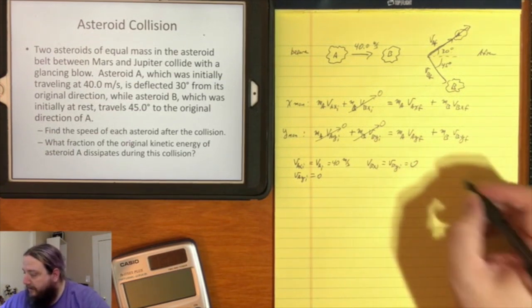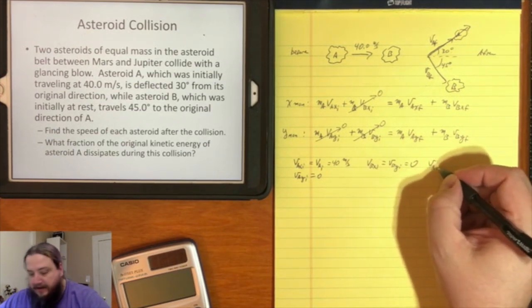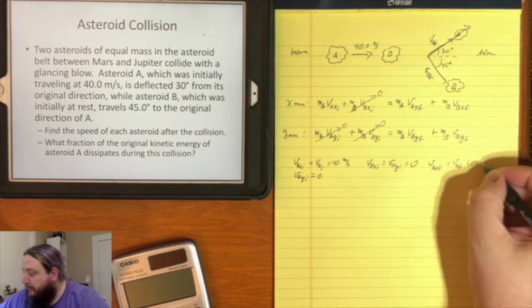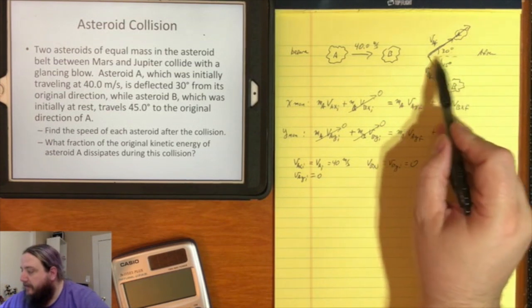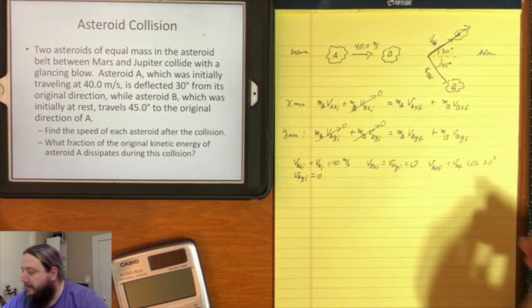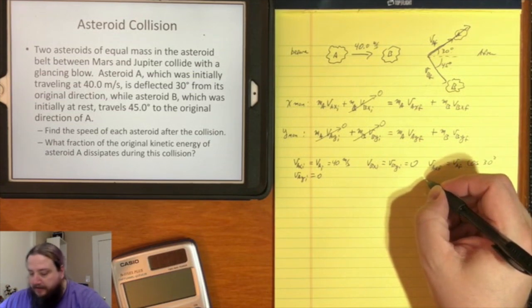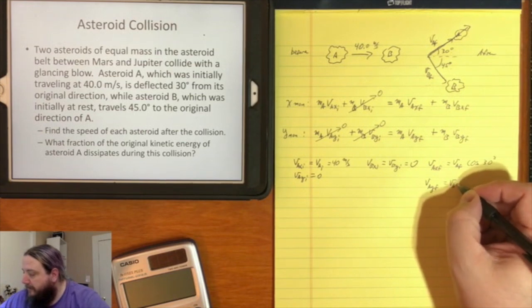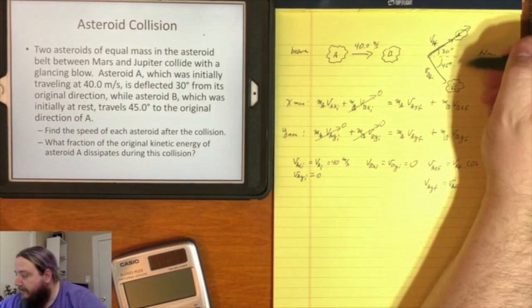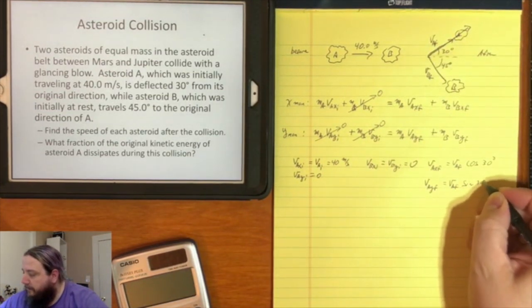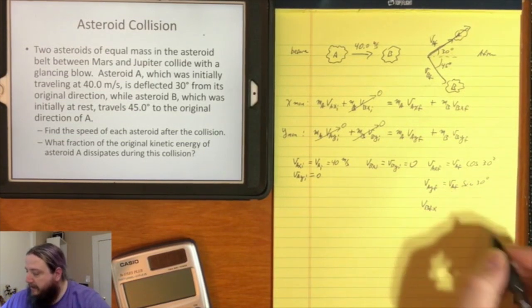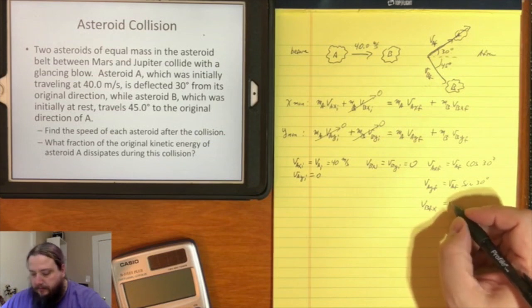So we could say that the velocity of A in the x direction final would just be velocity of A final times the cosine of 30 degrees, because the x component is going to be the adjacent side, and the velocity of A in the y component would just be velocity of A final times, in this case, the sine of 30 degrees.